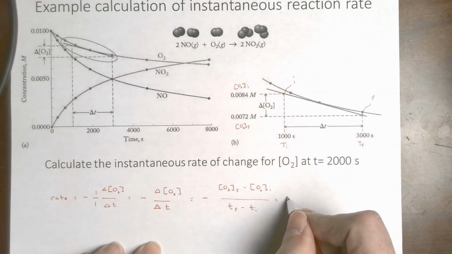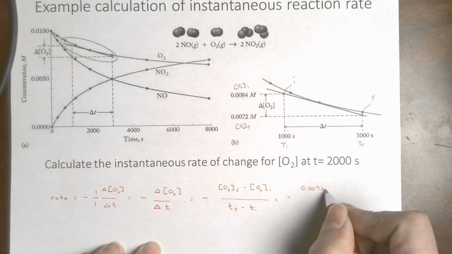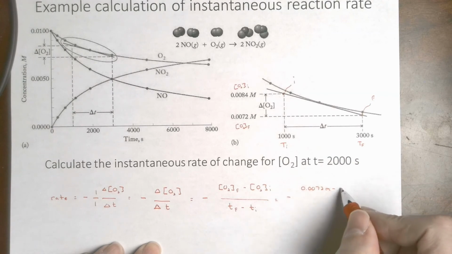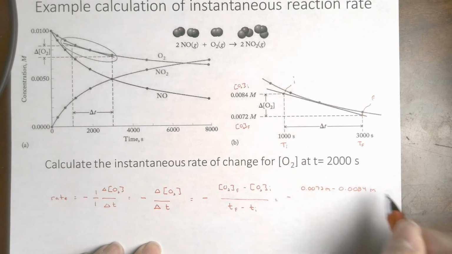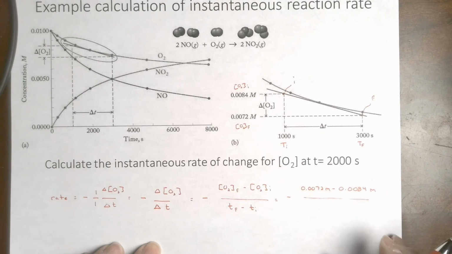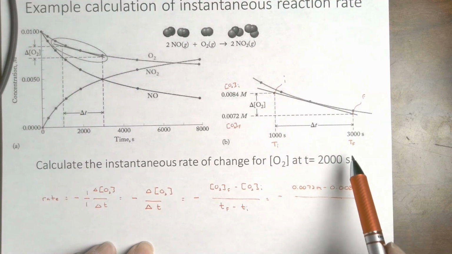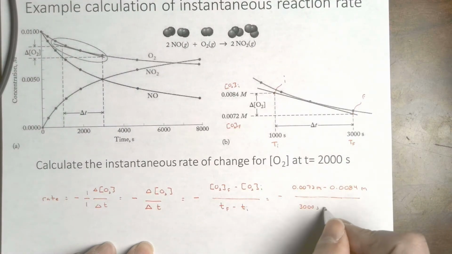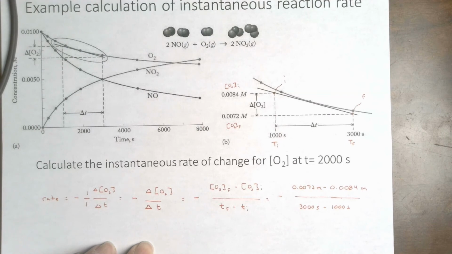So minus 0.0072 molar minus the initial concentration, 0.0084 molar, and then we say t final, 3,000 seconds, minus t initial, 1,000 seconds.